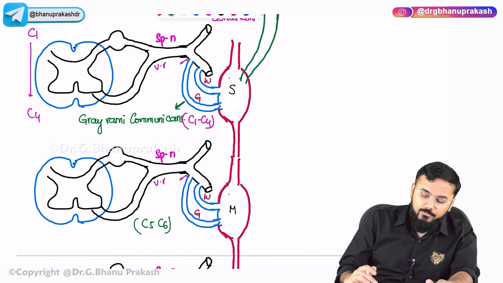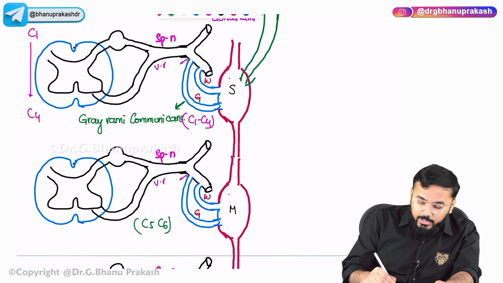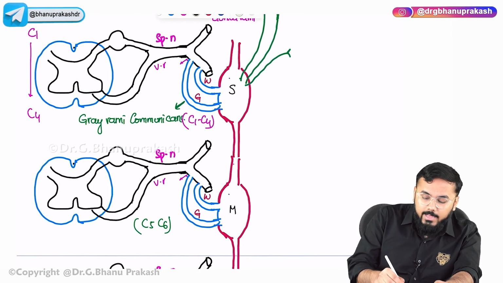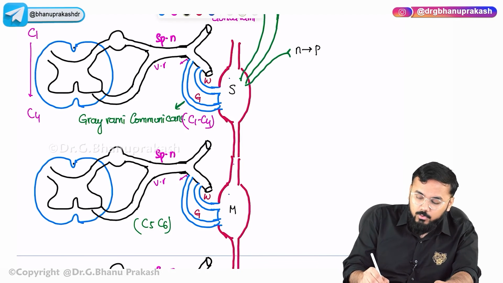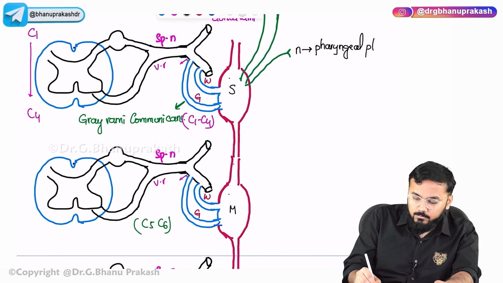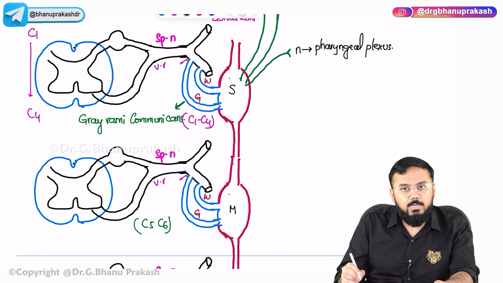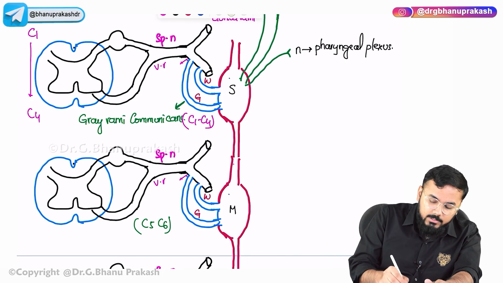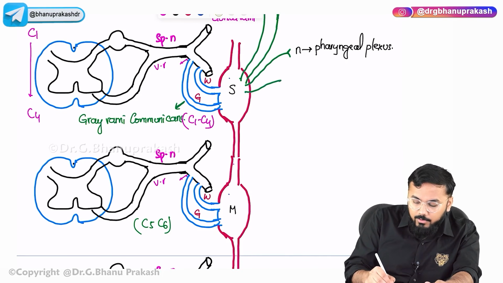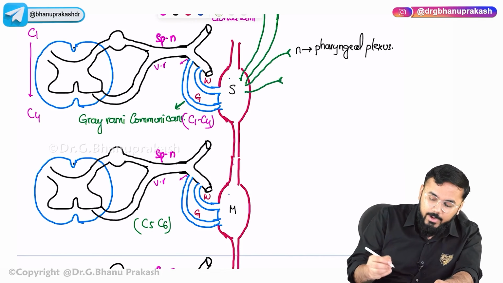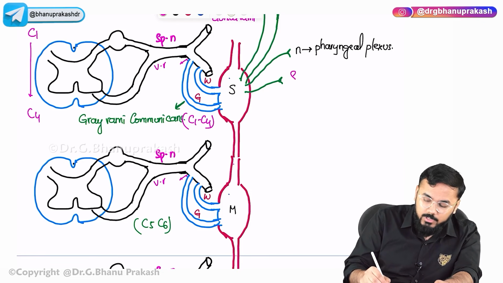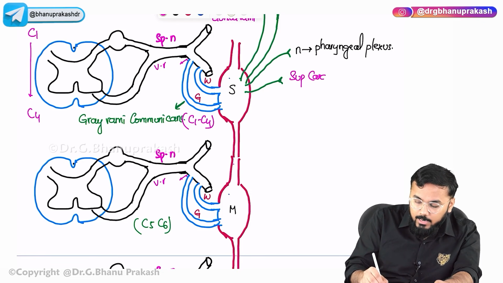Okay, next, apart from this, what are the other branches? So it will give another branch that is called as nerve to what? Nerve to pharyngeal plexus. Okay, after nerve to pharyngeal plexus, it will give away one more nerve. What is this nerve called as? Superior cardiac branch. Very important branch.